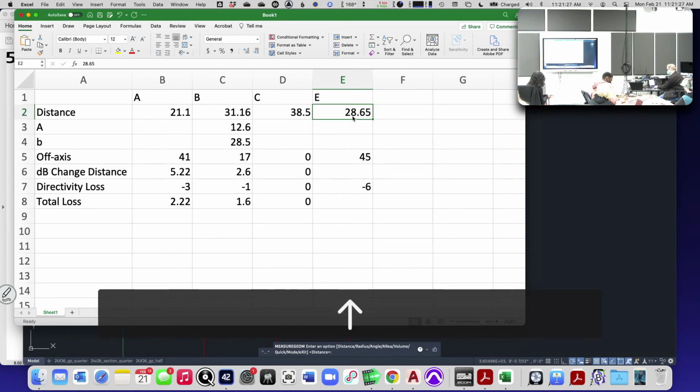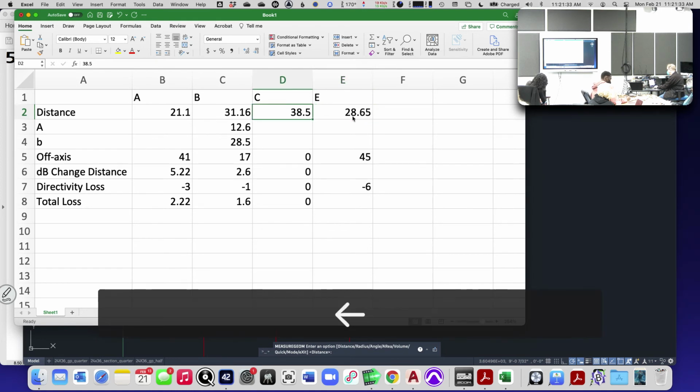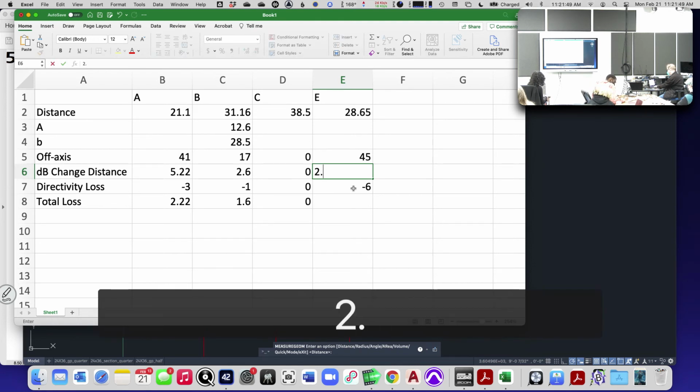Okay. So what is 28.65 compared to 38.5? That'd be 20 times the log of 38.5 divided by 28.65. 2.6? 2.56 dB.